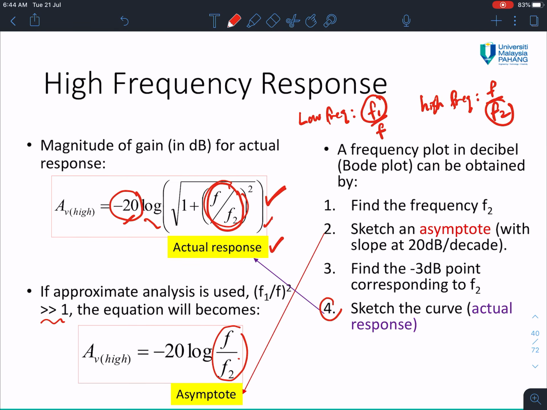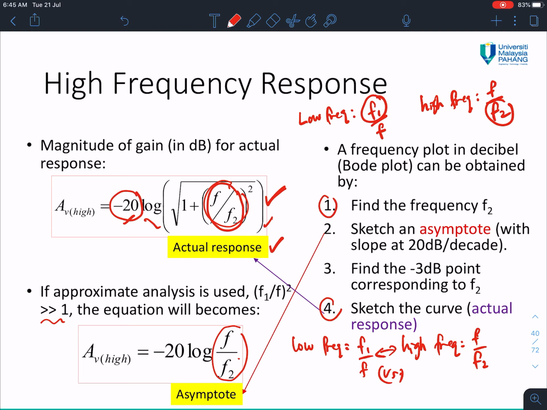For the low frequency it is F1 divided by F. For the high frequency, it is F divided by F2. So it is different versus this one.